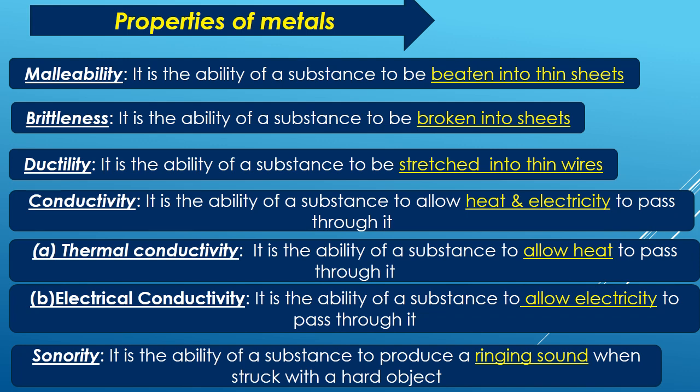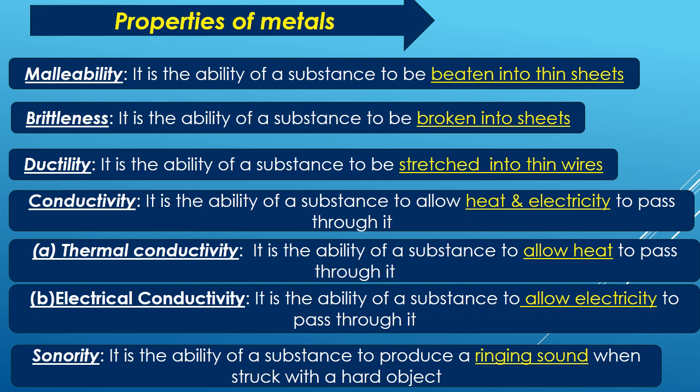Thermal conductivity means that the substance or the element has the ability to allow heat to pass through it. Different types of utensils are made for this purpose. Then electrical conductivity. Electrical conductivity is the ability of a substance that allows electricity to pass through it.